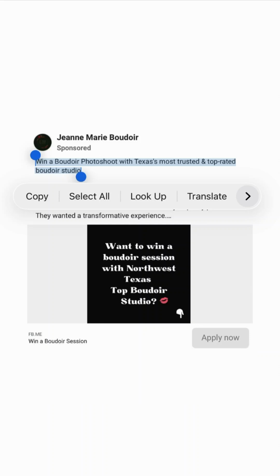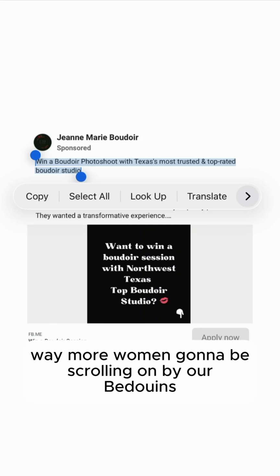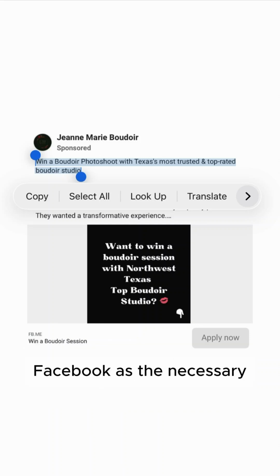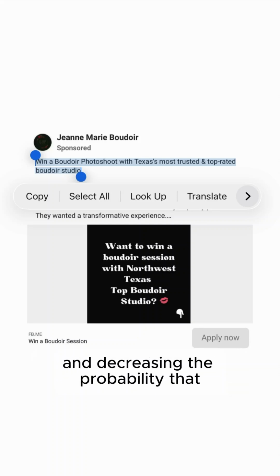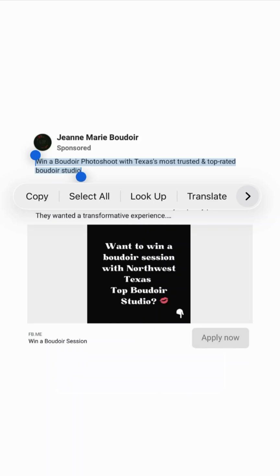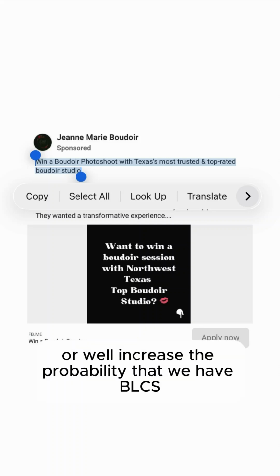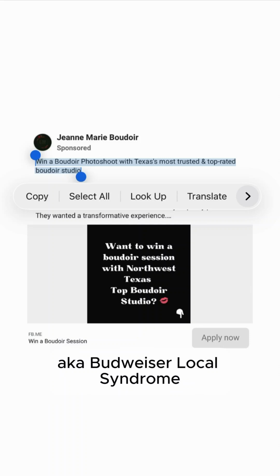But that's 100% incorrect. We're missing a lot of context here that could help. As a consequence, way more women are going to be scrolling by our Boudoir Facebook ads than necessary, pulling our unique CTR all under 6% and increasing the probability that we have BLCS, aka Boudoir low click syndrome.